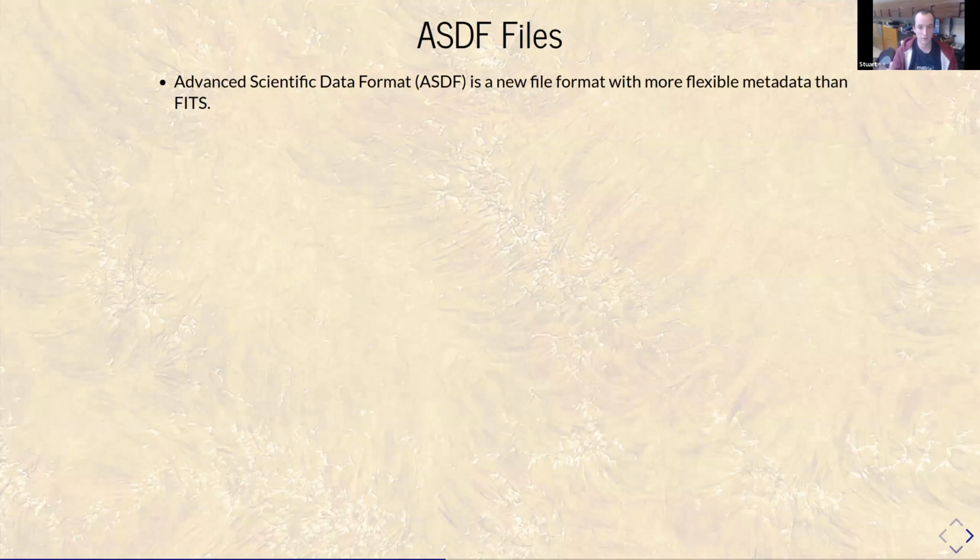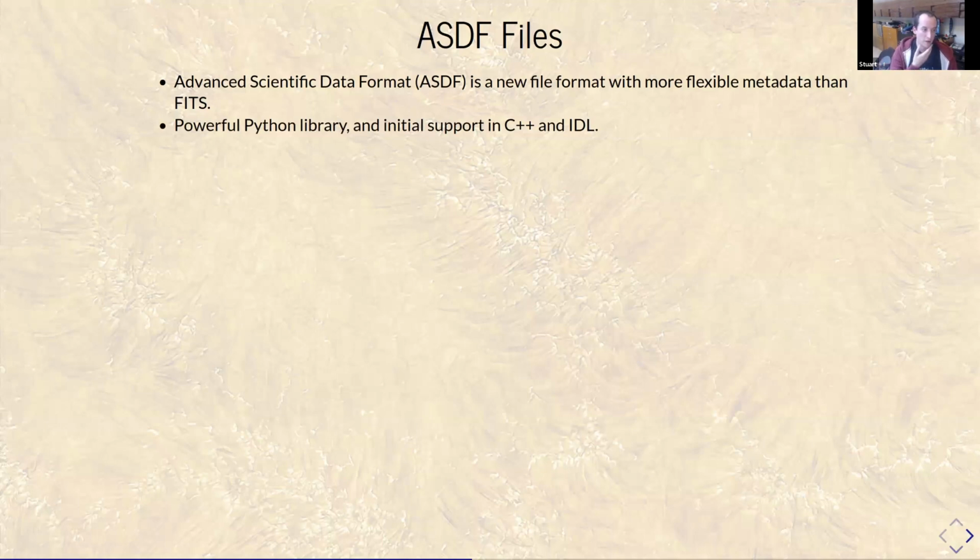Also, it's still designed to be an interchange and archive file format, unlike something like HDF5, which is a more performance oriented, binary file format. ASDF is supposed to be more archival, and FITS is the same.